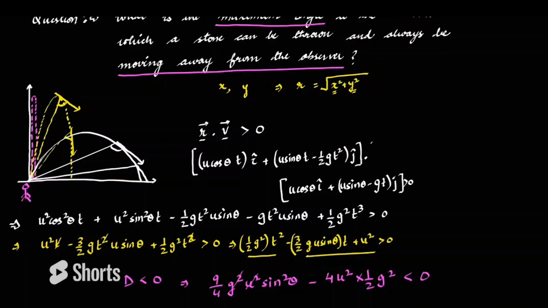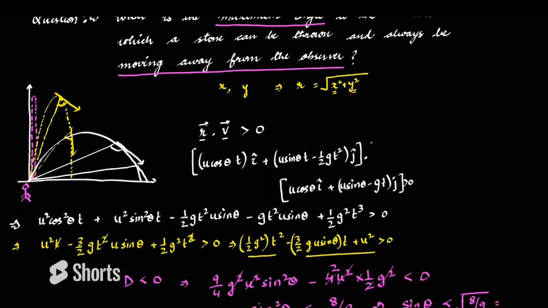So u square, g square gets cancelled, and therefore sine square theta is less than 8 by 9, because 4 gets cancelled, 4 into 2, 8 by 9, and clearly I will get sine theta is less than under root of 8 by 9.